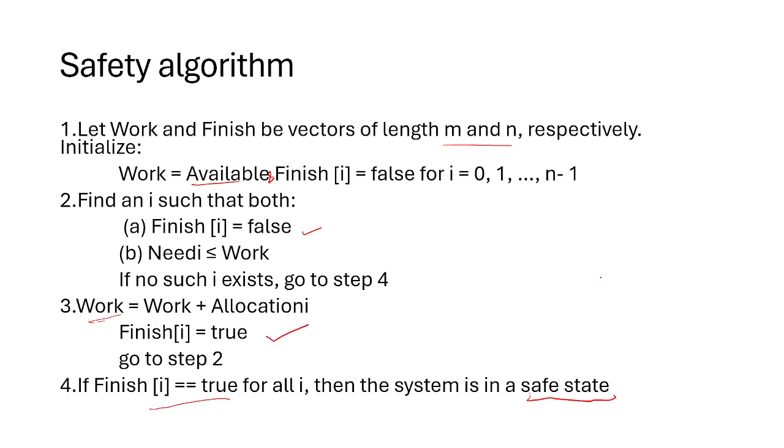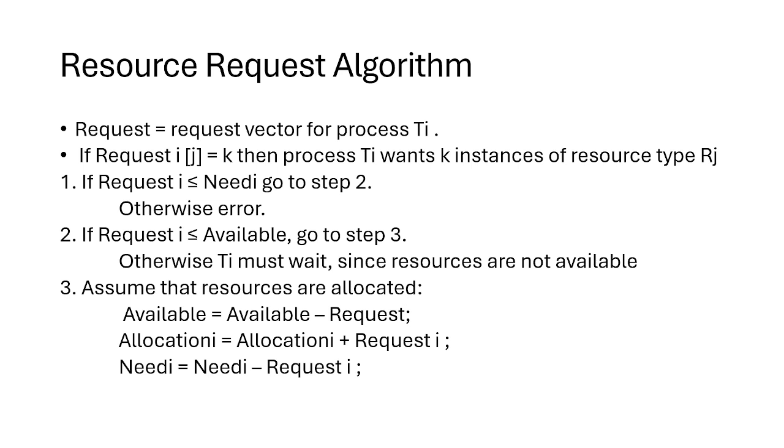We need of the order of m times n squared operations to find whether the system is in a safe state or not. Then we go with the resource request algorithm. The resource request algorithm determines whether the request can be safely granted. Now let Request[i] be the request vector for thread Ti.